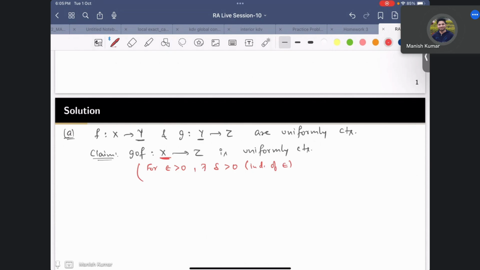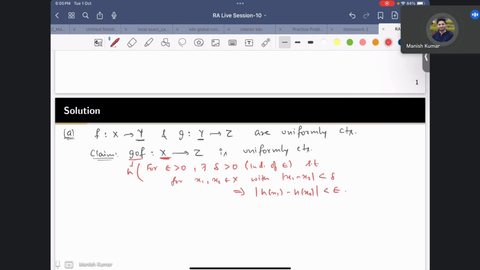So there exists delta such that for x1, x2 in X with |x1 minus x2| less than delta implies that, for g composed f, let's say this is h, |h(x1) minus h(x2)| is less than epsilon.